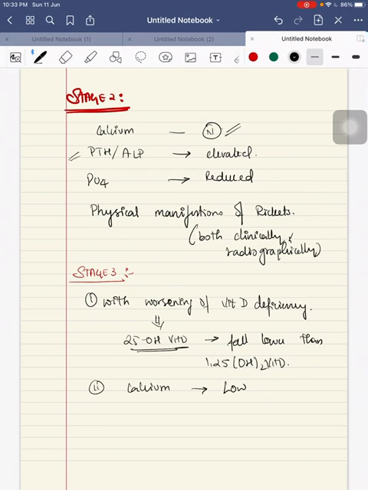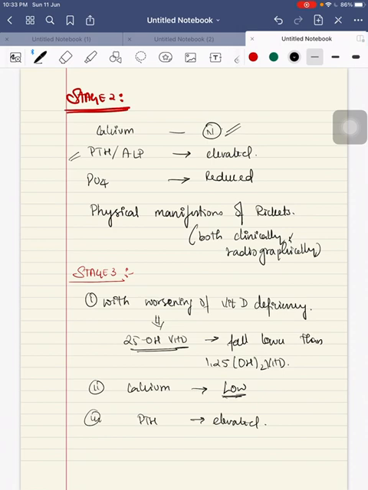Because of the secondary hyperparathyroidism, the calcium maintained its level, while in stage 3 the calcium will also be low and the parathyroid hormone will be elevated. So there will be florid clinical and radiographic features of rickets in stage 3. These are the stages of rickets.